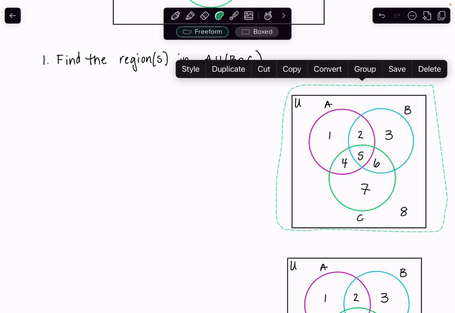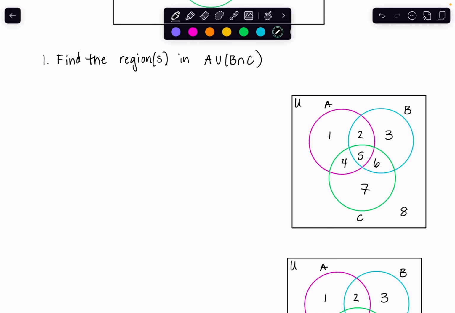All right. So what I like to do is list the set and then list the regions. This way I can keep track of everything going on. And then ultimately you can draw a picture for this or multiple pictures. But again, I'm going to go through my order of operations, and the first thing I should do is start in parentheses.